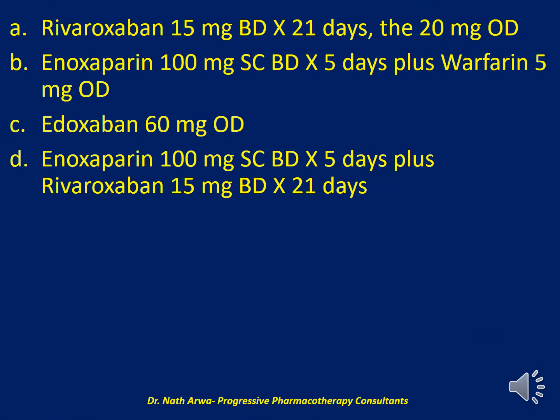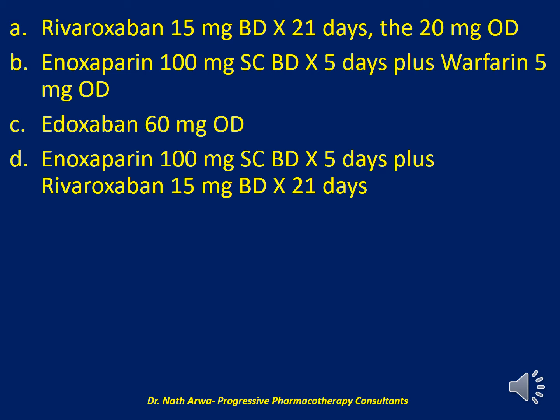Would it be rivaroxaban 15 milligrams orally twice daily for 3 weeks, followed by 20 milligrams once daily? Or would it be enoxaparin 100 milligrams administered subcutaneously twice daily for 5 days, alongside 5 milligrams of warfarin once daily?